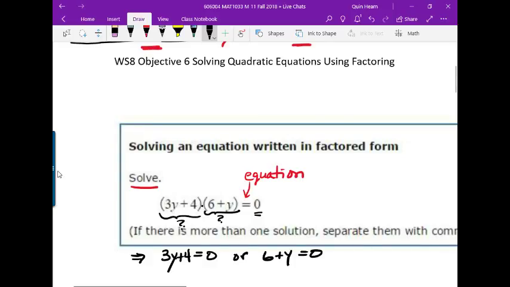And so anytime you have a product of two unknowns equal to the number 0, you can break it apart and we get two simpler equations to solve. Now let's go ahead and solve.